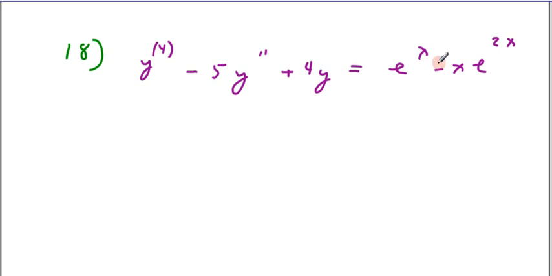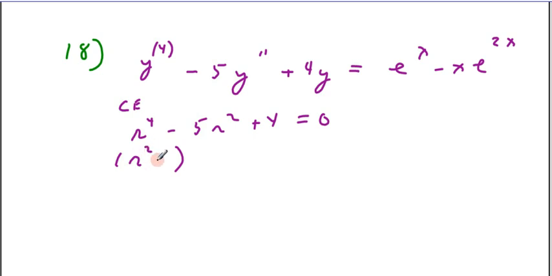Okay, now, so we have a characteristic equation, and it's r to the 4th minus 5r squared plus 4 equals 0. And we factor that: r squared minus 4 times r squared minus 1 is 0.